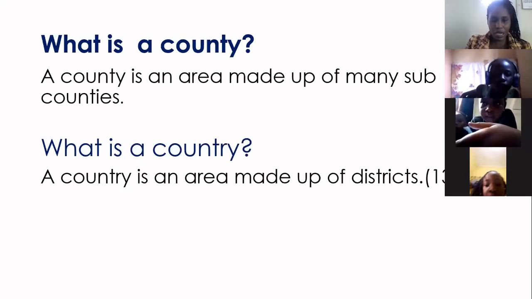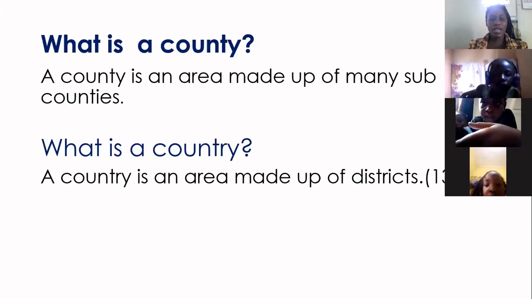Now, a country. First of all, you should know the name of our country. Learners, do you know the name of our country? Our country is Uganda. Uganda is our country. Now we are defining what a country is.